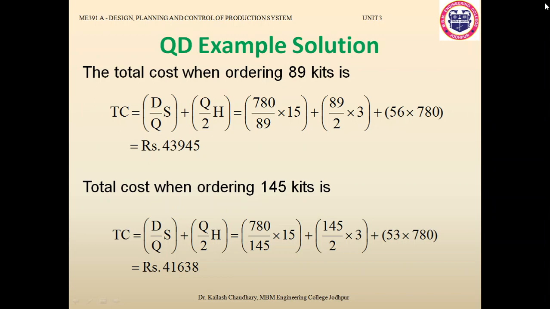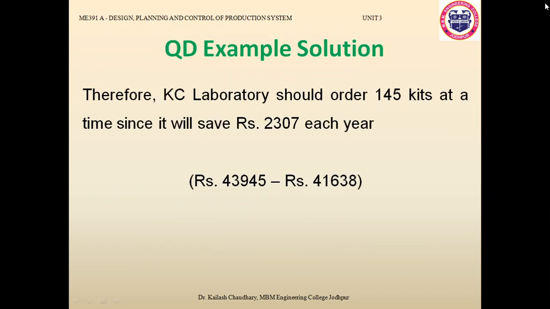For 89 kits and unit price 56, the overall cost is rupees 43,945. And if your order quantity is 145 kits and unit price is 53, the total cost is 41,638. So in this case you save rupees 2307. So the KC Laboratory should order 145 kits at a time, since it will save rupees 2307 for each case.